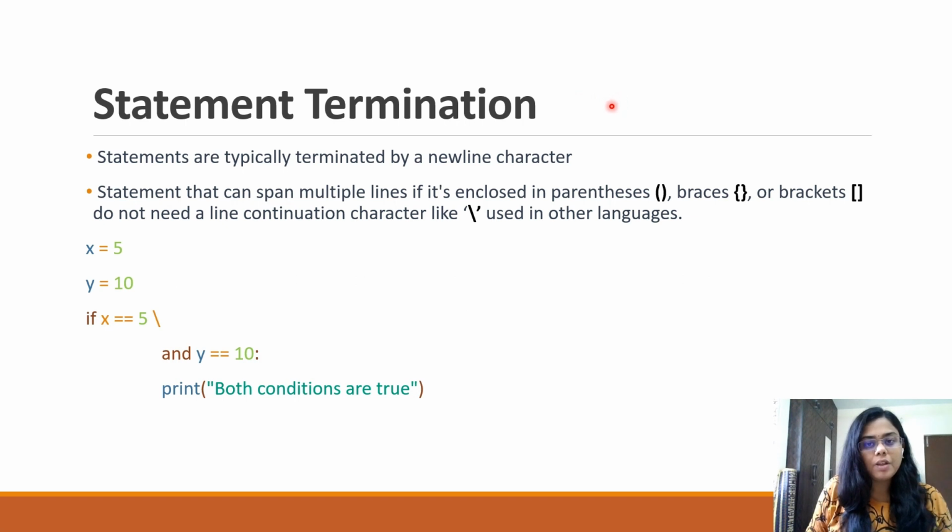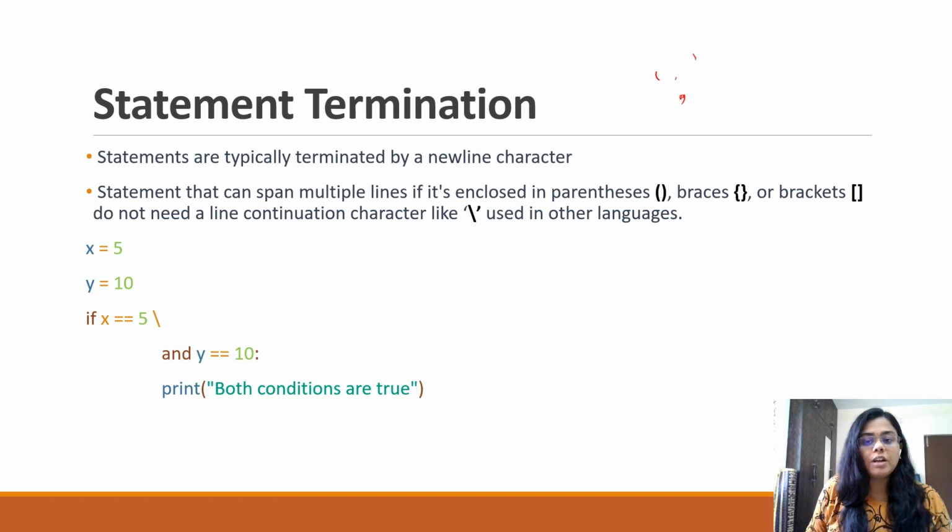Statement termination. As we already know, statements are lines of code in Python. How do we terminate a statement? Usually in Python, statements are terminated by hitting enter and going to the next line, whereas in other programming languages, it is usually by using a semicolon.